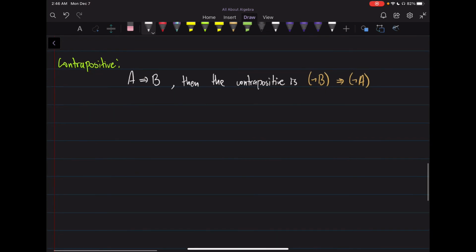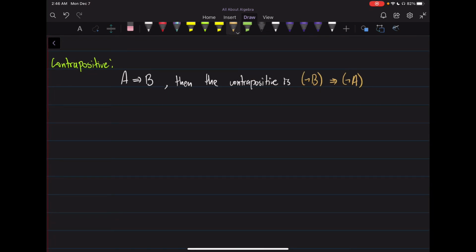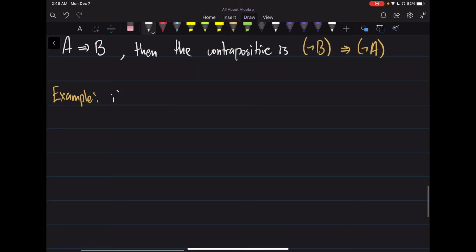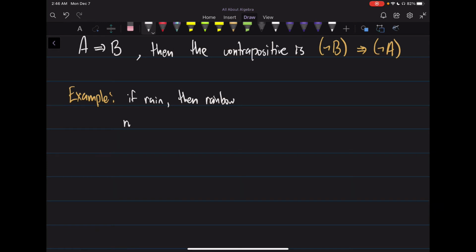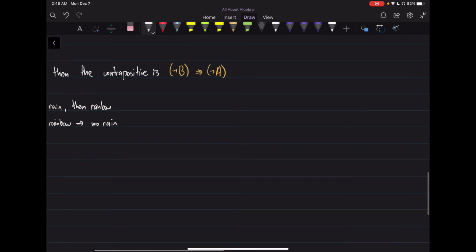So if I were to apply this to my example, which is if rain, then rainbow, I would get no rainbow implies no rain. And let's make a claim.